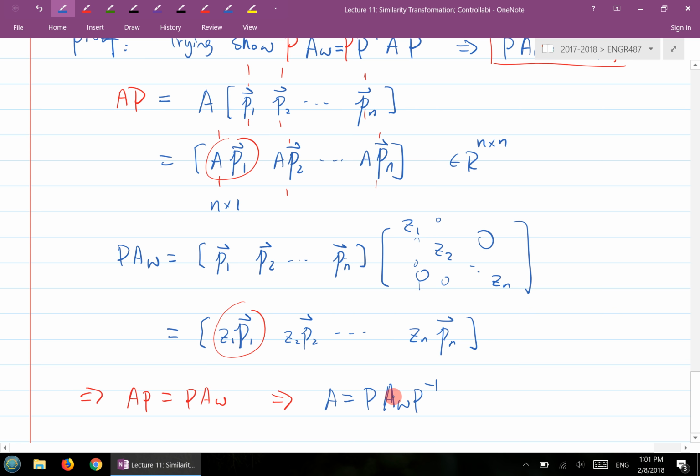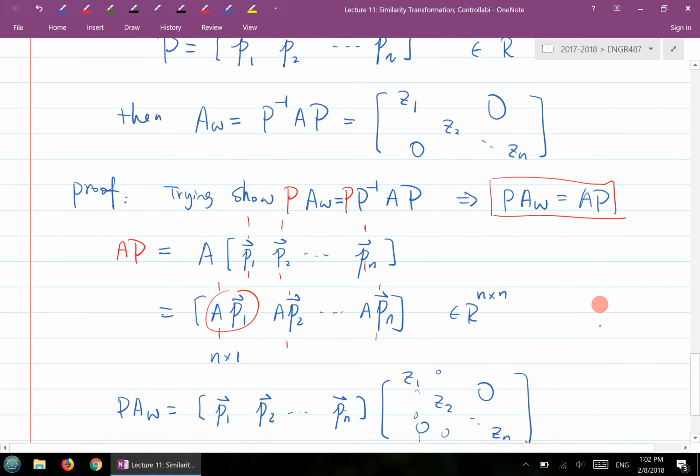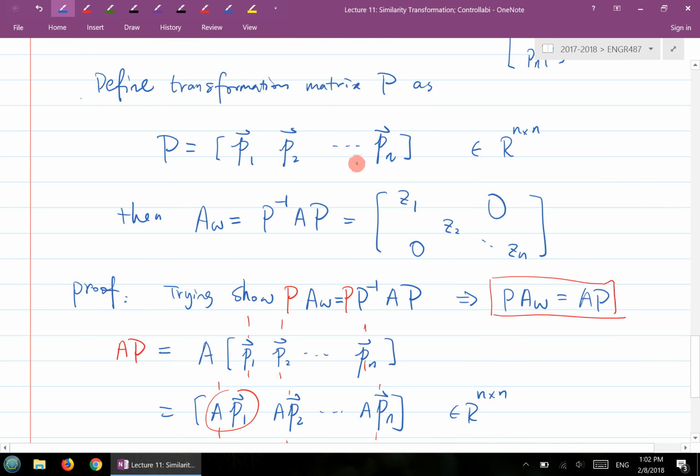So that proved that the choice of the capital P matrix, which has the eigenvectors as the column vectors, will give us this diagonal matrix AW. So that's the transformation matrix P here.